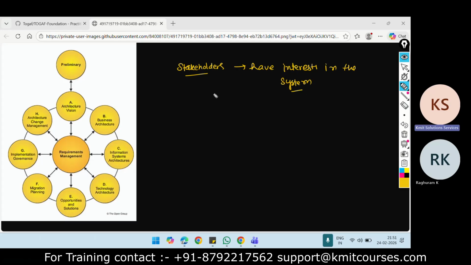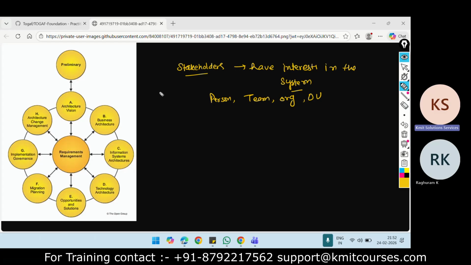It can be a person, a team, an organization, or an organization unit. Whosoever has an interest in a system is called a stakeholder.